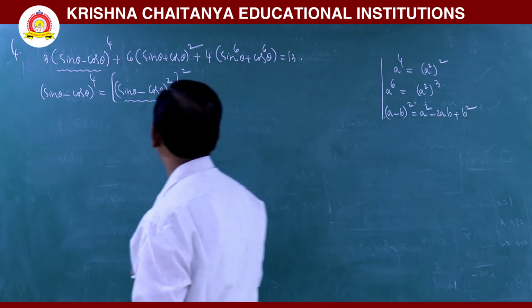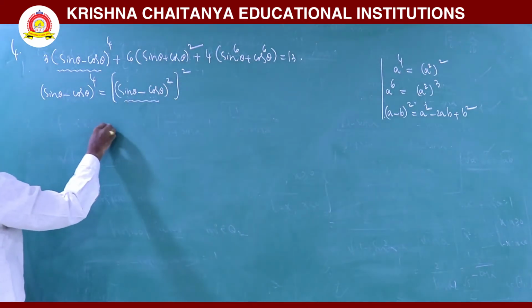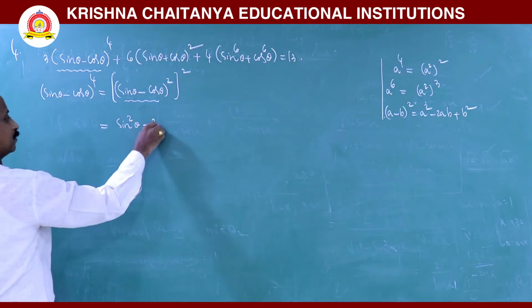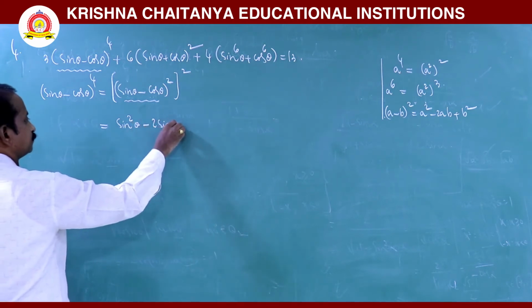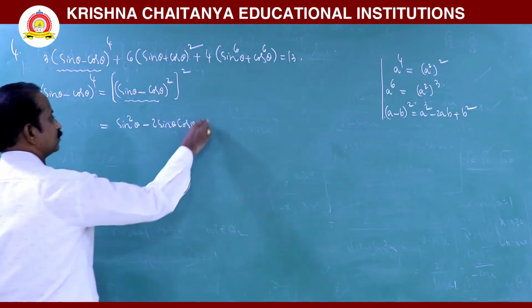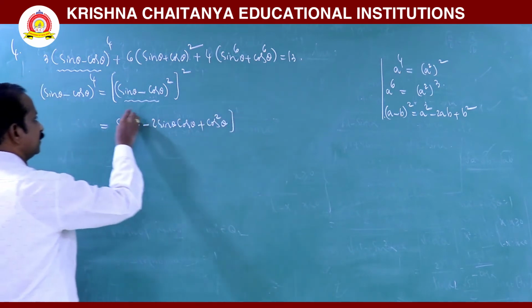So using the formula, (sin theta minus cos theta) whole square can be written as sin square theta minus 2 sin theta cos theta plus b square, that is cos square theta.